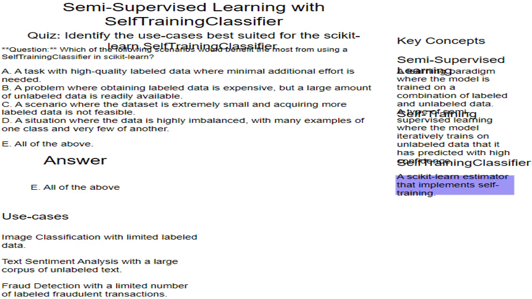A scikit-learn estimator that implements self-training. In fraud detection, training a model with a limited set of labeled fraudulent transactions and a large set of unlabeled transactions. The model can learn from the unlabeled data by identifying patterns that indicate fraudulent activity.